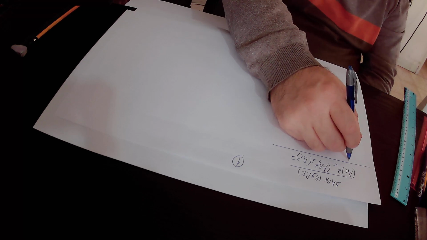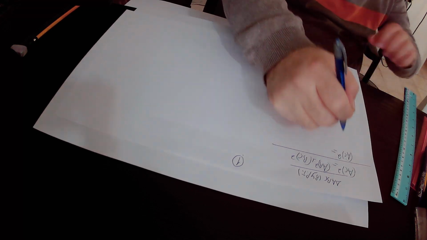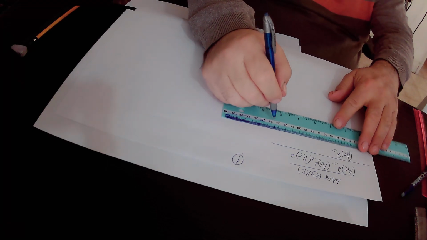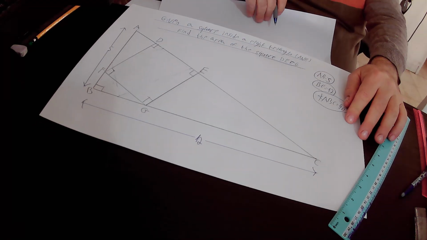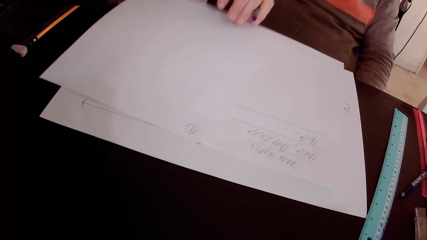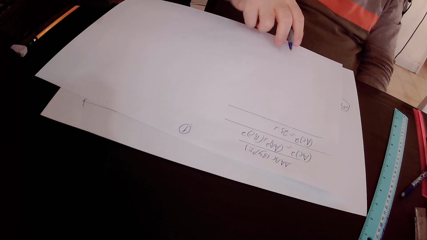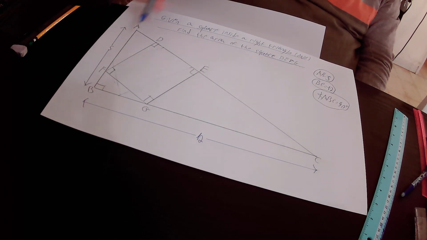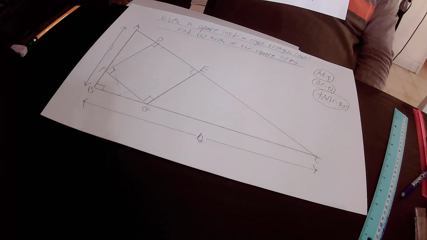So AC squared, the square of the hypotenuse, must be equal to AB squared. AB is 5, therefore AB squared is 5 squared, that is 25. Plus BC squared. BC is 12, therefore BC squared is 12 squared, that is 144.